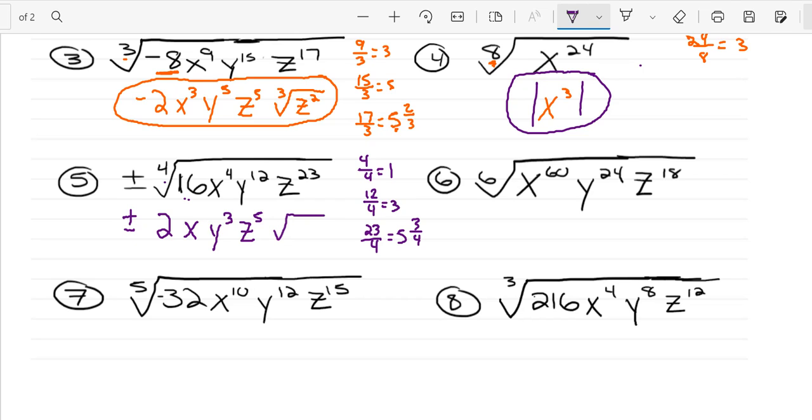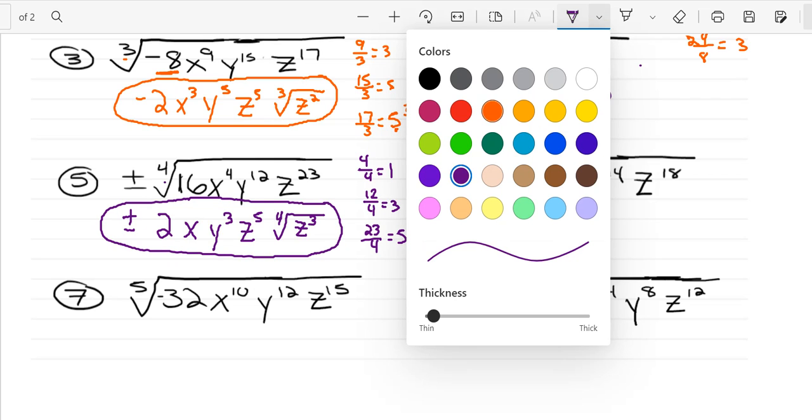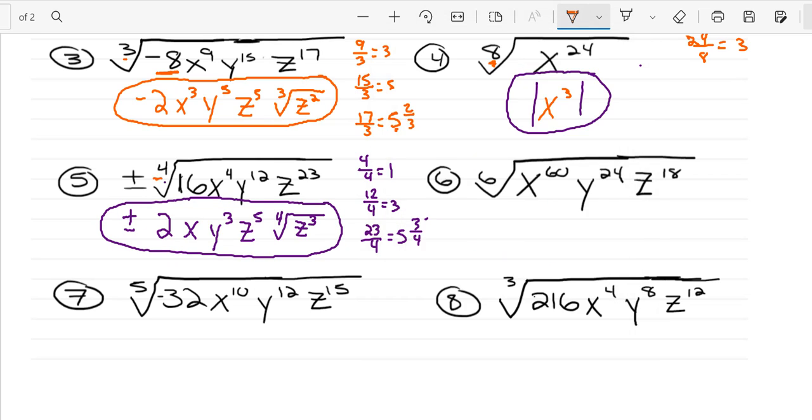And then underneath the radical, make sure you put the fourth root there. It'll be z to the third. Again, the remainder goes under the radical. Now for this one, we do have to be concerned about odds and absolute values because it's even. Again, any even root, that's a concern. And we have all of these that are odd, so we can put absolute values around the whole thing there.